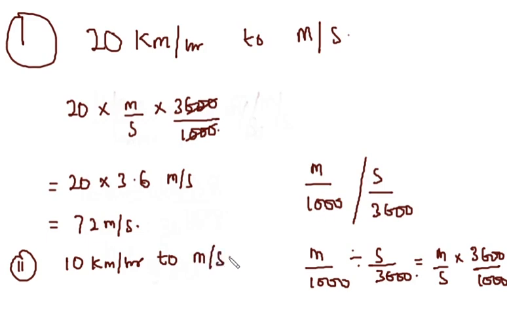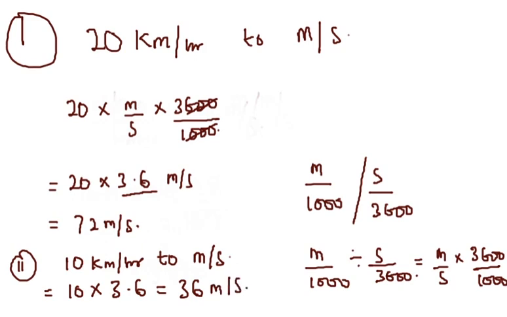You can pause the video and try to solve this one yourself. Like we did before, since we've already gotten the constant conversion term, which is 3.6, we just say 10 kilometers per hour times 3.6. So 10 times 3.6 is equal to 36 meters per second.